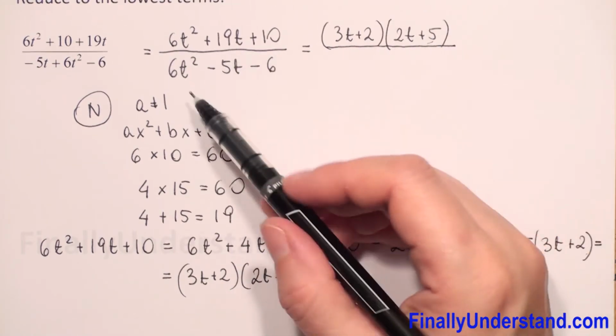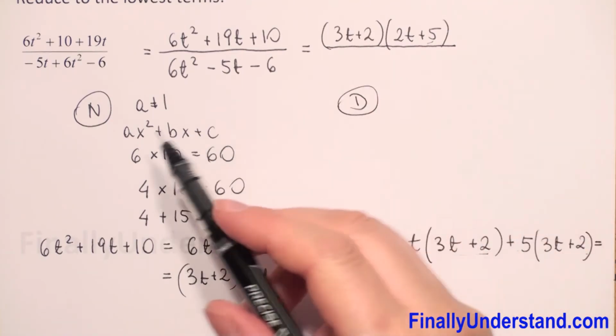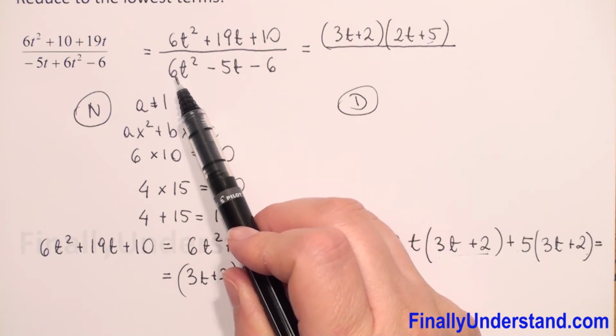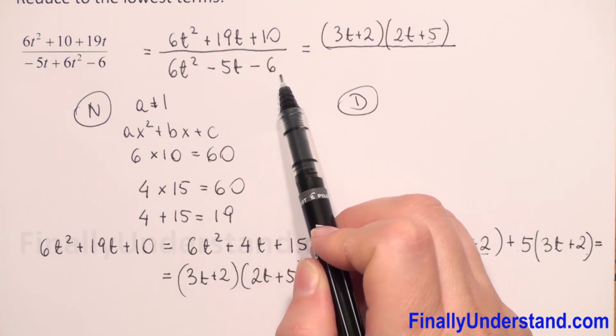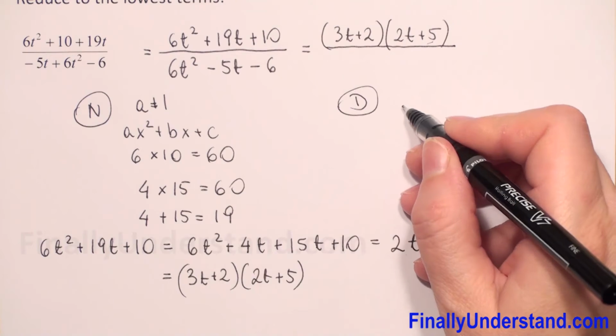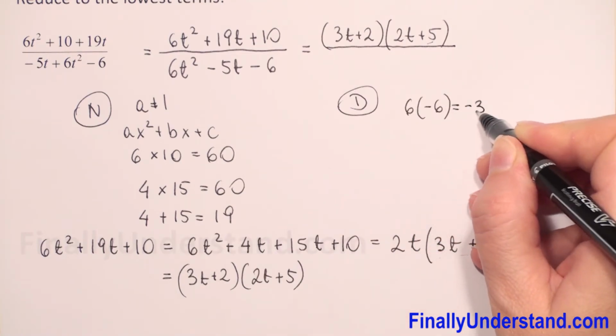Now we have to do the same with the denominator. Again, the coefficient before t squared is different than 1. So first we have to multiply 6 times the coefficient without t. So 6 times negative 6 is negative 36.